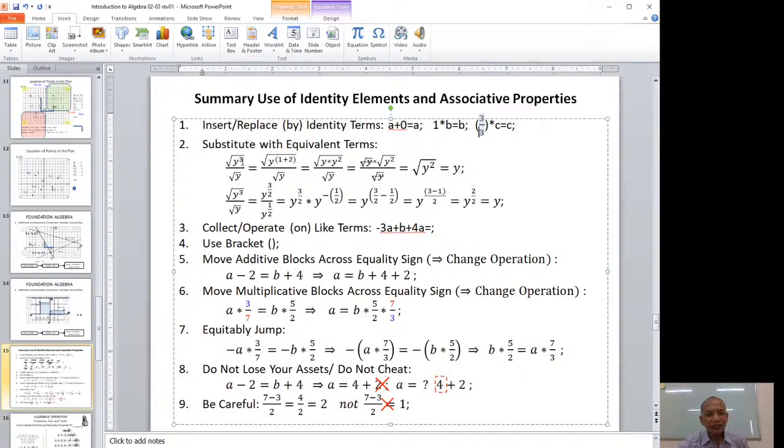Square root of y cube divided by square root of y, okay.